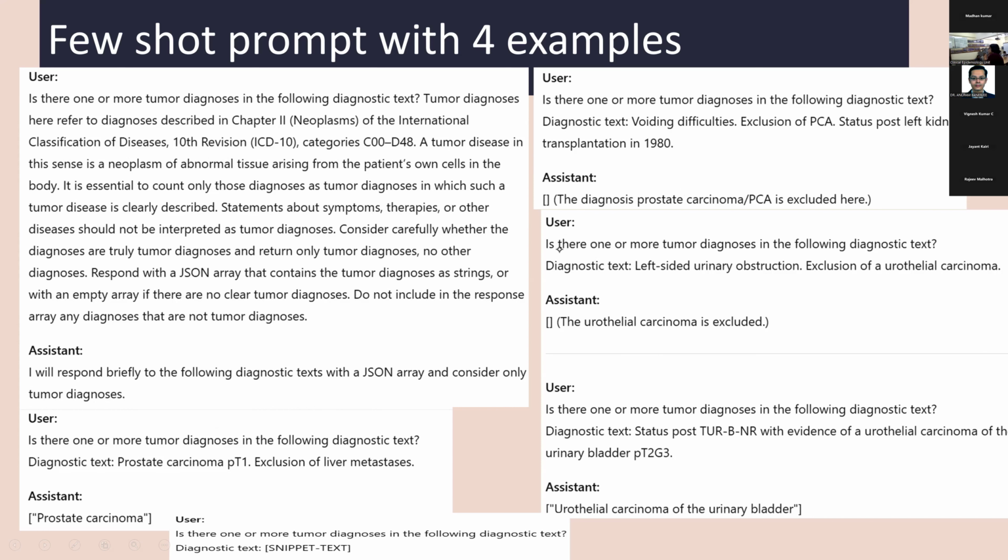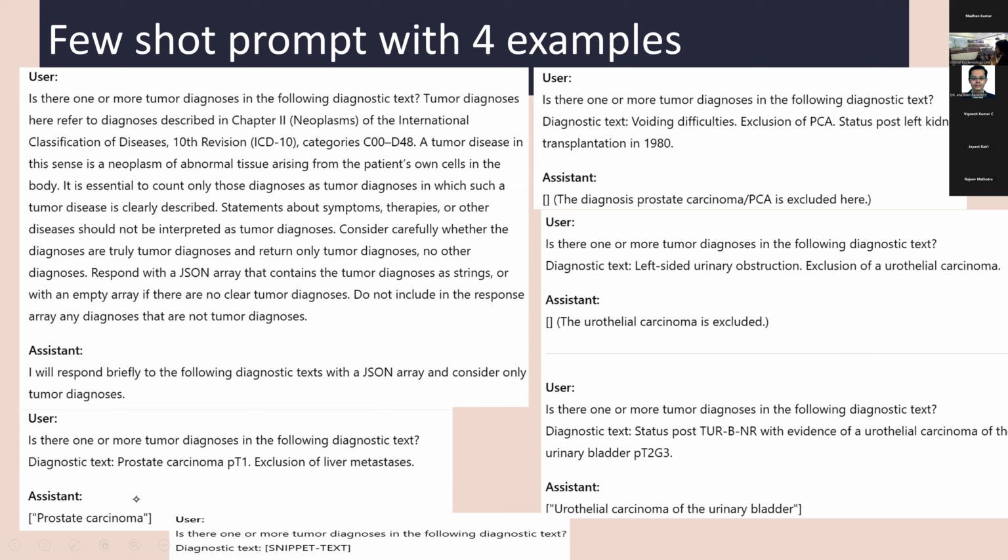And next is left-sided urinary obstruction, exclusion of urothelial carcinoma. Again, no tumor diagnosis there, and the model gives blank. The last one: status post TURBT with evidence of urothelial carcinoma of the urinary bladder. So then the model gives the output as urothelial carcinoma of the urinary bladder.